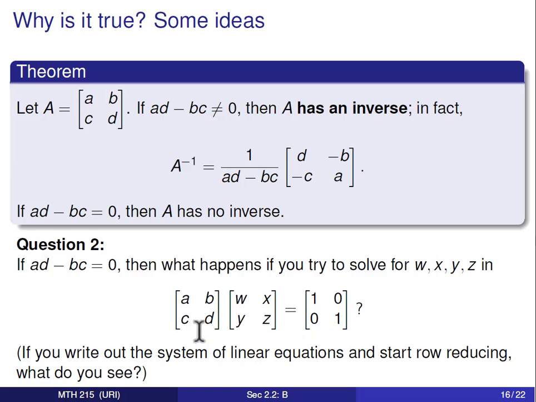If you write out the linear equations you get from this and start row reducing, you should see something similar to what we saw in the prologue. It will turn out that the system you get does not have a solution. All right, there's another way of doing the second half of the proof. We'll get into that a little bit later, but that should get you started in thinking about why this theorem is true.